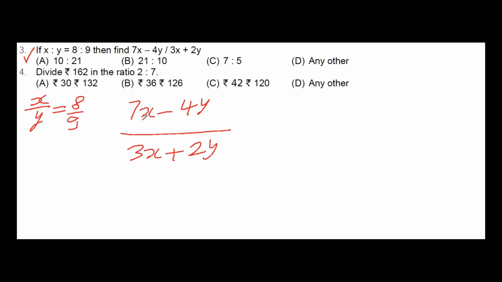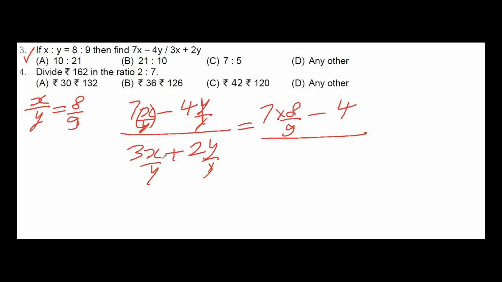So what I'll do, I'm going to divide by y on numerator as well as denominator. So what I will get here, I will get 7x by y, which is 8 by 9. So I can write here as 8 by 9 minus, this y gets cancelled, I can write 4. Here x by y, I know it is 8 by 9. So I can replace x by y as 8 by 9.